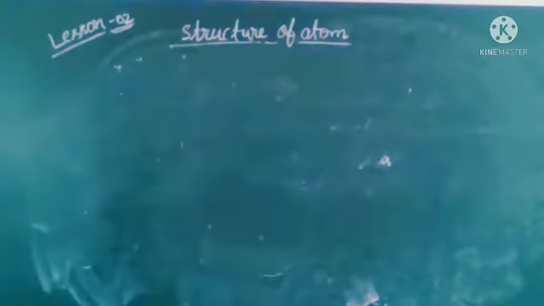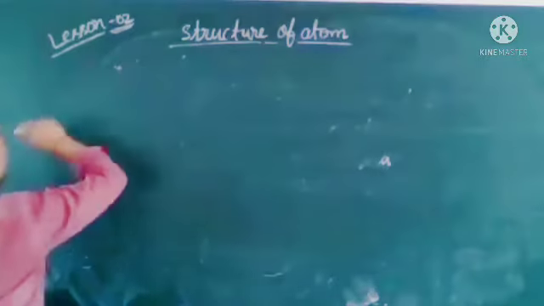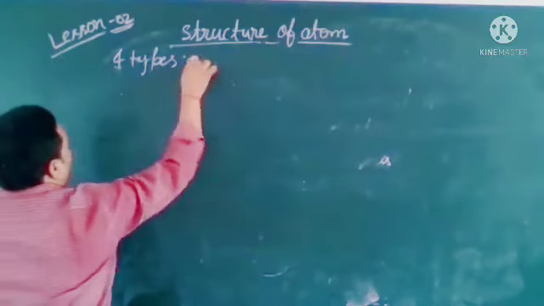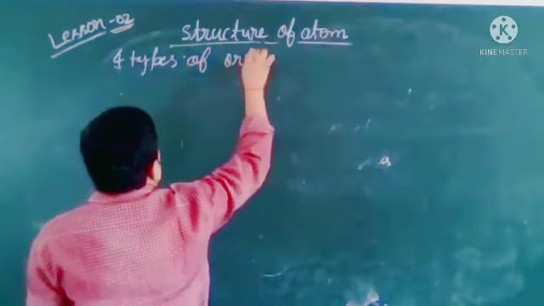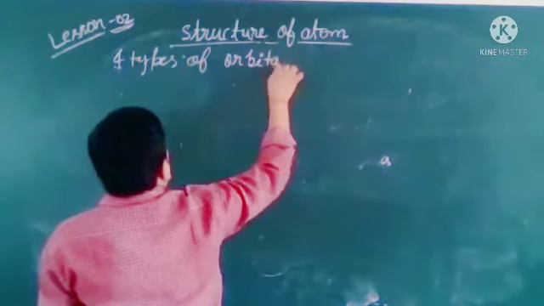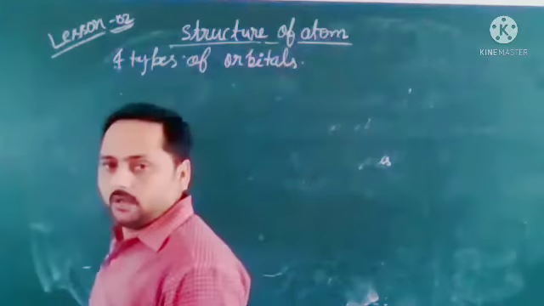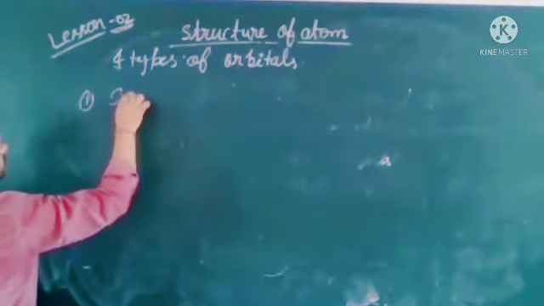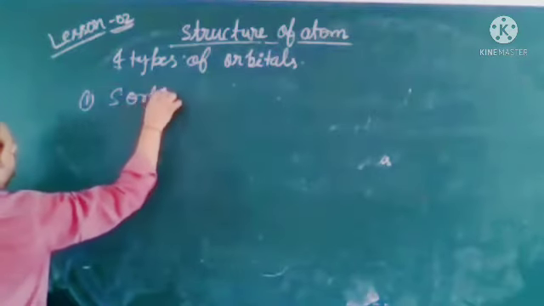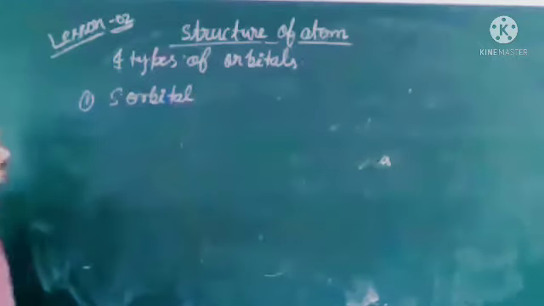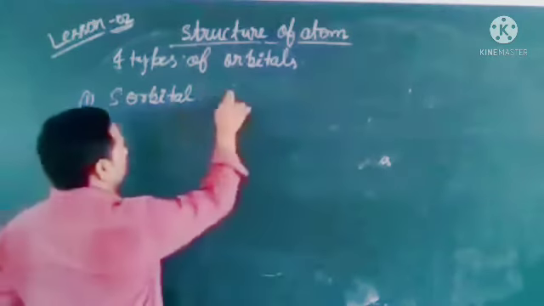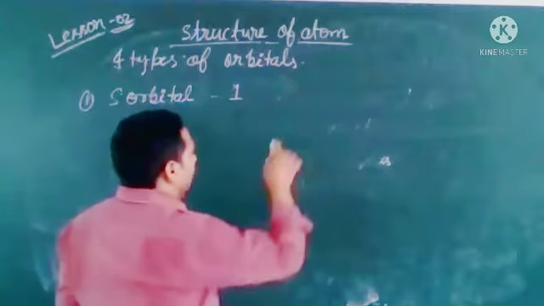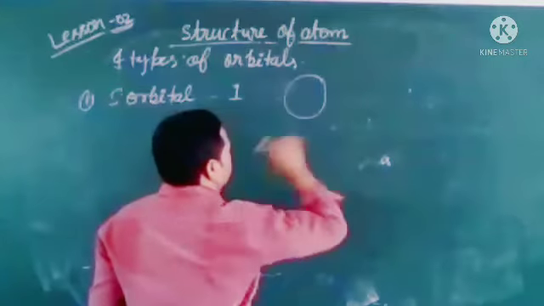Here, first, four types of orbitals. First is s orbital. The s orbital is of only one type, and it is spherical in shape.